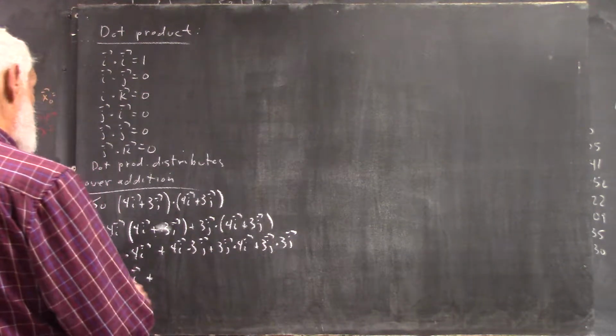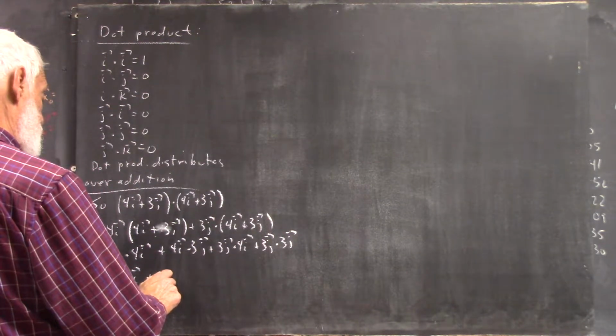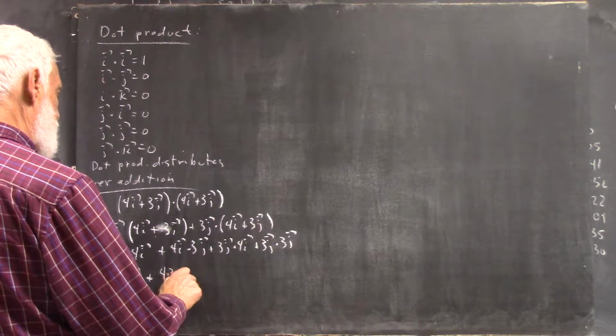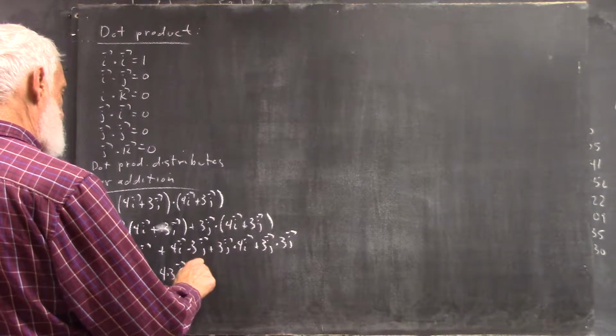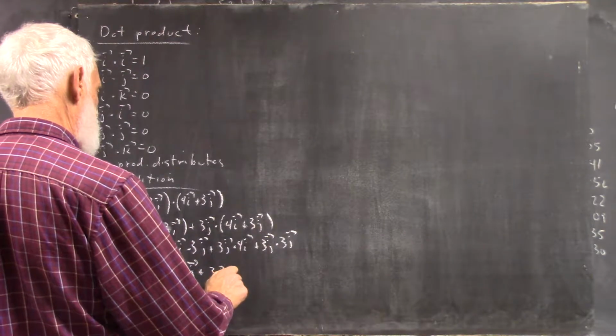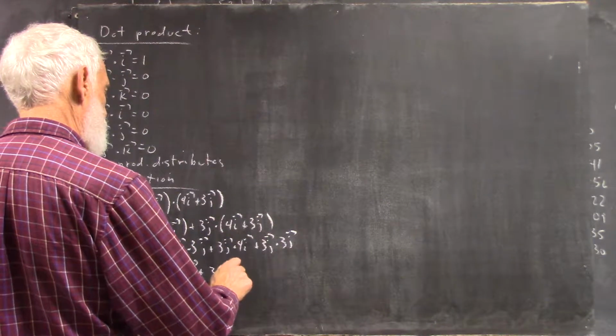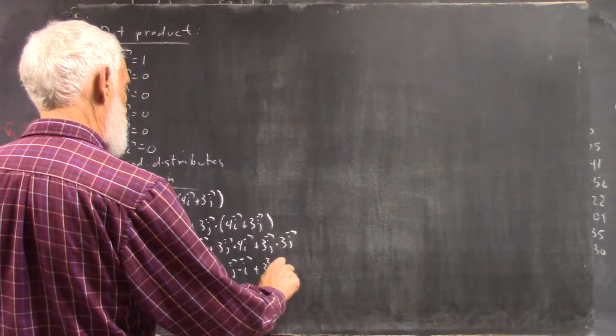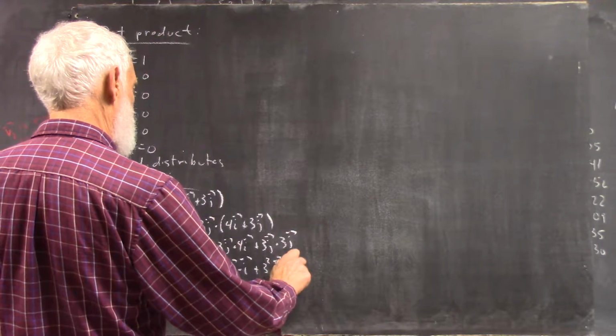So it's 4 squared times i dot i plus 4 times 3 times i dot j plus 3 times 4 times j dot i plus 3 squared j dot j.